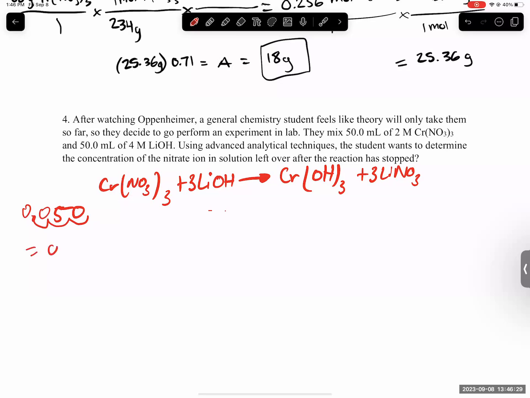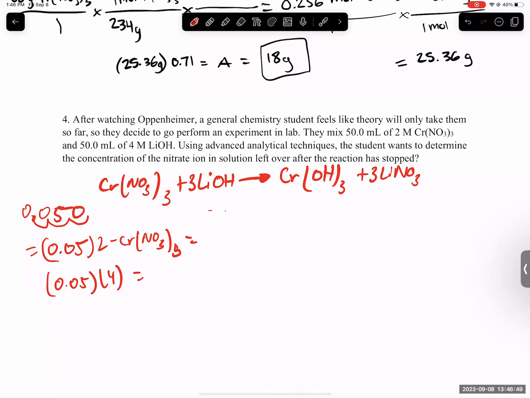So that's 0.05 liters. And then multiply this times 2 for the chromium nitrate, and that one by 4 for lithium hydroxide.